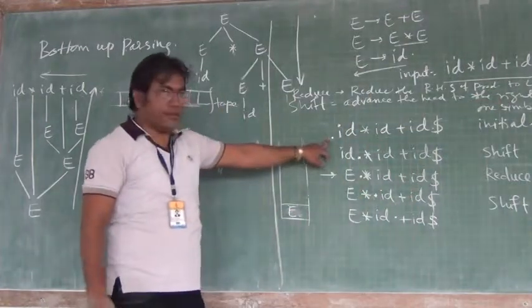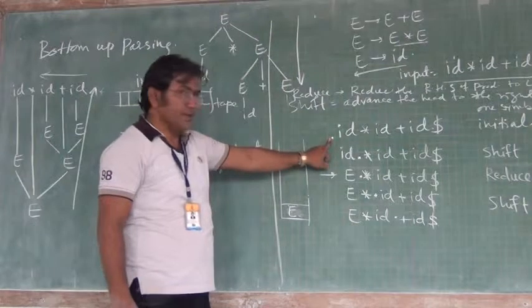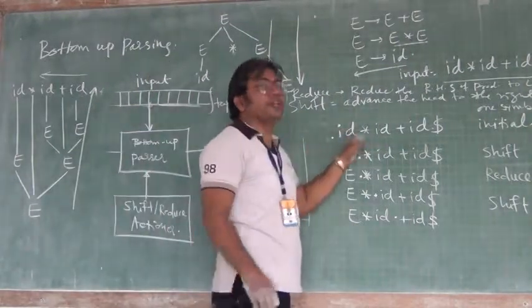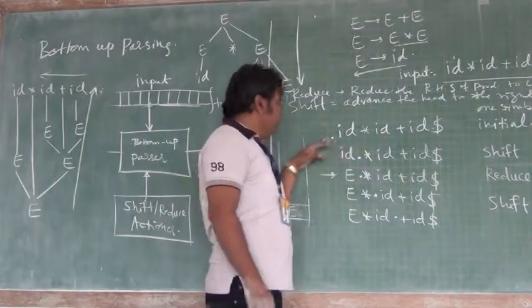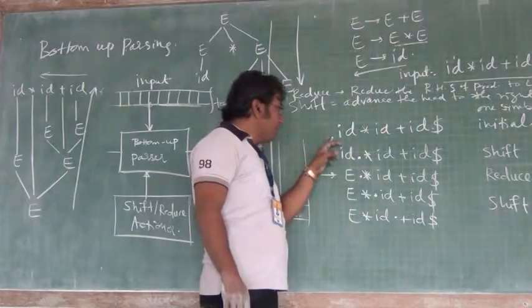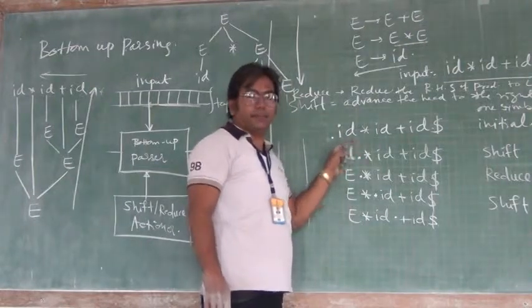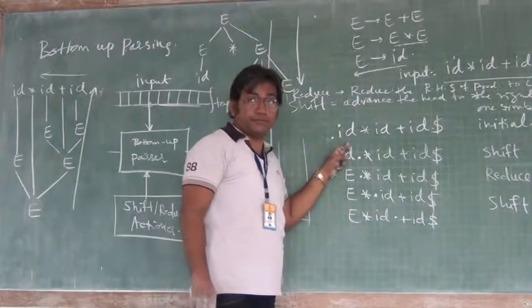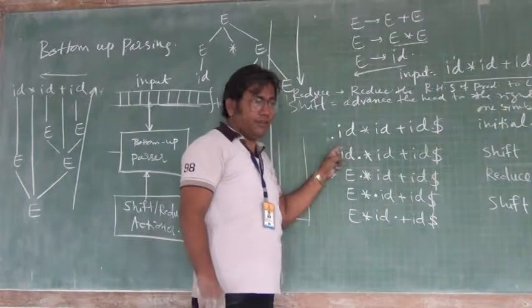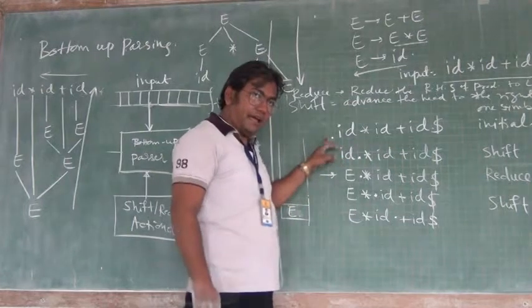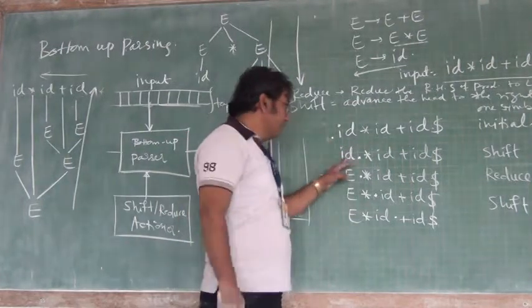So initially my head is here, and every symbol I need to read from this input. If I am moving this dot from this point to this, it means that I read the ID. मैंने ID read किया, ऐसा मतलब होता है. ठीक है? So in this step, I am shifting my head towards the right.